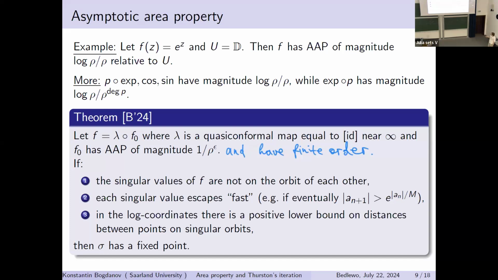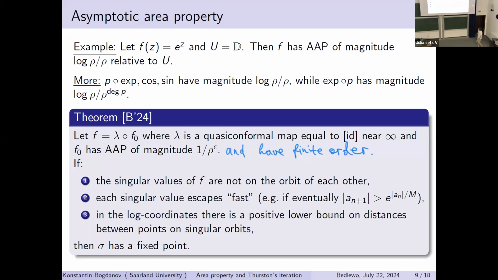So let f be the composition of some quasi-conformal function lambda, which is identity near infinity, and f naught, which has finite order. It has asymptotic area property of magnitude, for example, 1 over rho to the epsilon, where epsilon is some positive constant, maybe very small.